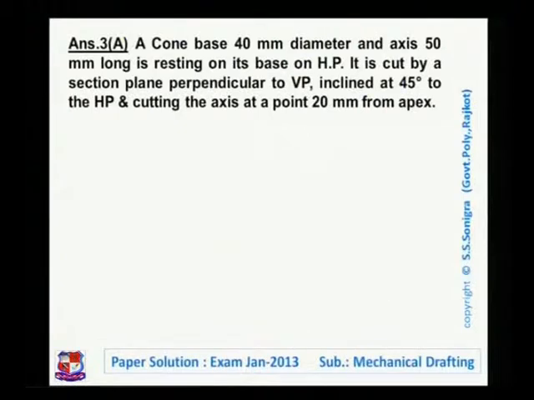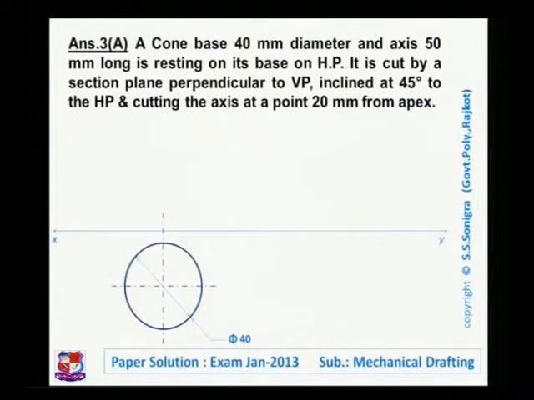So for that, let us start our drawing. First draw the XY line that represents the intersection of the horizontal plane and the vertical plane. Draw a circle of diameter 40 mm below the XY line. Insert the dimensions like this, and draw the center lines of the drawn circle, the vertical center line and the horizontal center line, and project these 2 end points to draw its front view.